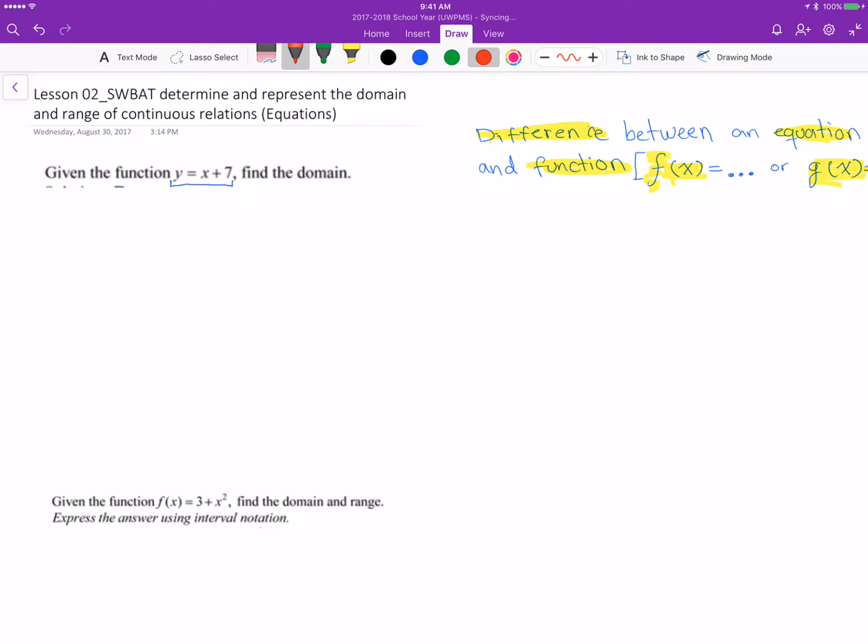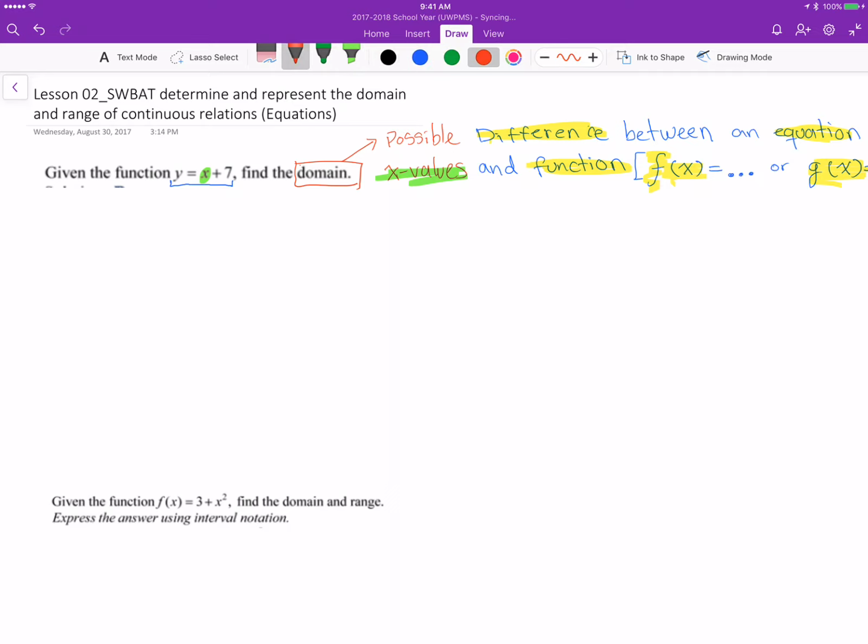Let's make our thinking visible before we move forward. Remember that the domain are all the possible x values. And as you look over here, x values, we have no restrictions.